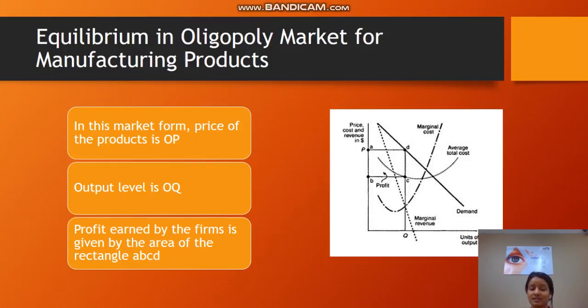The firm makes profit of the amount given by the area of rectangle ABCD as shown in the figure. Here the market demand curve is the kinked demand curve, and the marginal revenue received by the oligopolistic firms is represented by the MR, that is the marginal revenue curve of the firm, as shown in the figure.